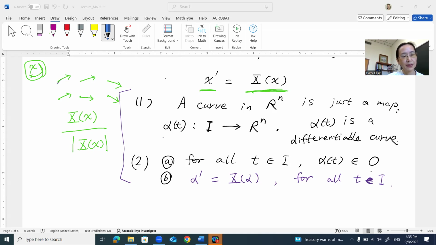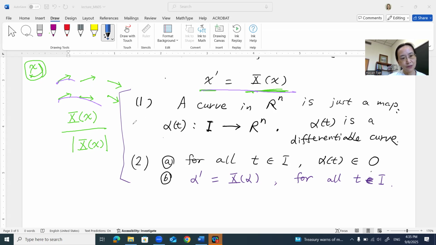For example, a curve passing through this point will be tangent to this one and then this one, etc. You can imagine some curves and how they flow based on the field.